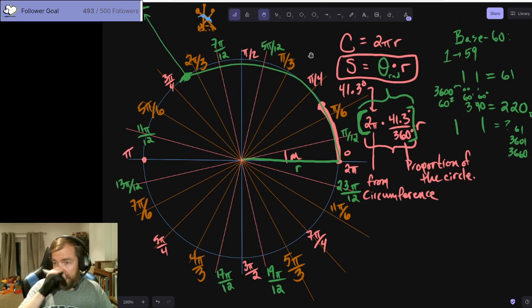So the argument against our base 60 calendrical system and the degrees and all this other stuff is that it is literally just arbitrary. They said, well, it's close enough. The party week was not considered part of the calendar because it was not done every single year.